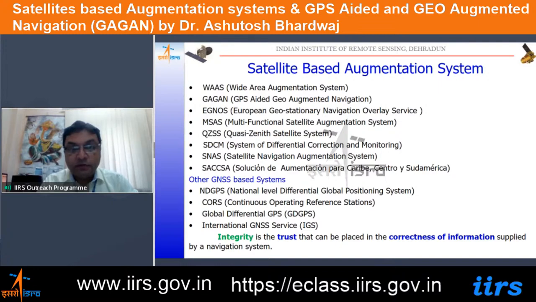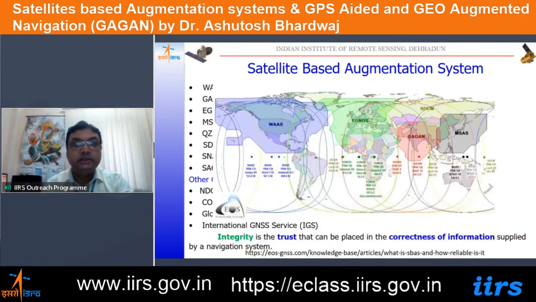Now when multiple systems are there, it has to be checked mathematically whether they are functioning properly. That is what we consider as integrity. Integrity means what kind of trust we can have in the information coming from the GNSS or the SBAS system. So that has to be seen and maintained. We will further cover the NDGPS, CORS and GDGPS later on, along with the IGS stations.